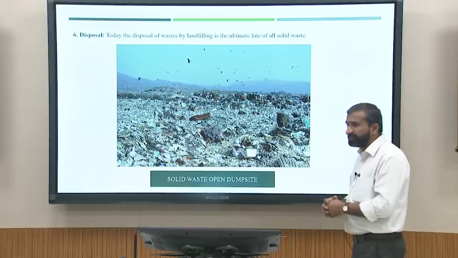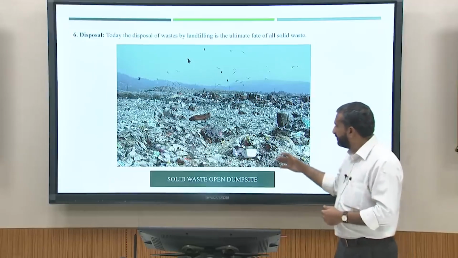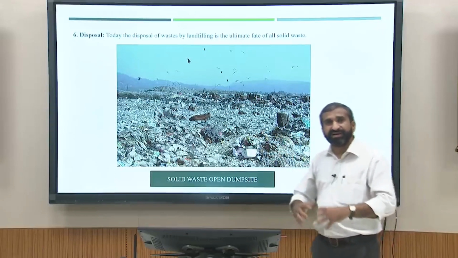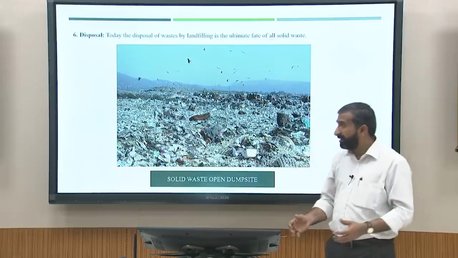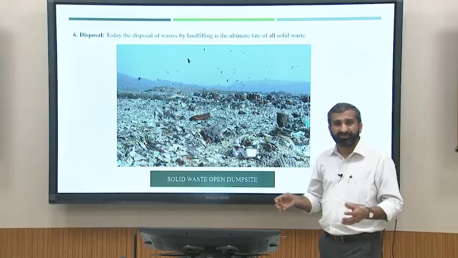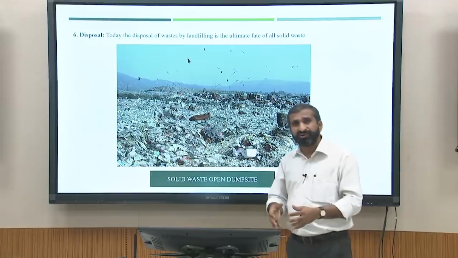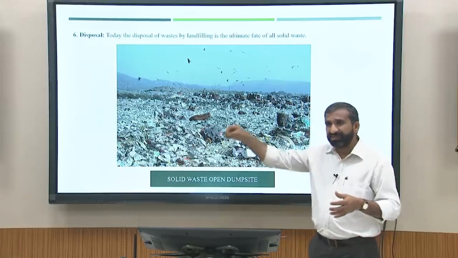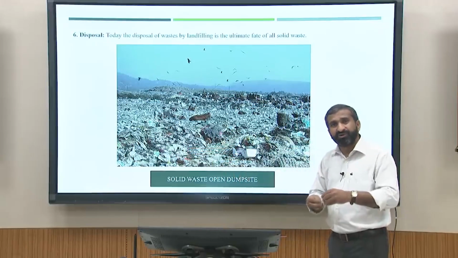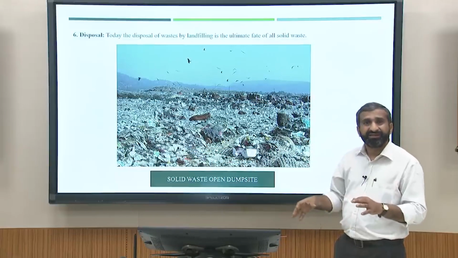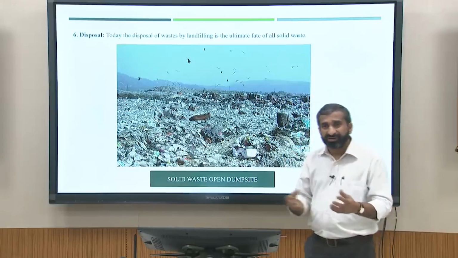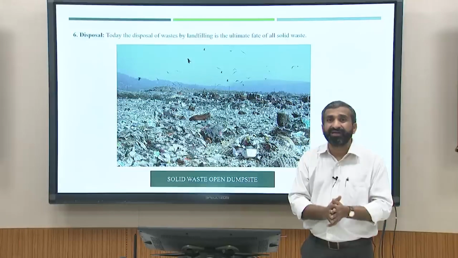Now, because of such disposal systems, and because a lot of biological waste is also added into such waste, this biological waste will get degraded. Because of degradation and because of precipitation, rainfall, a large amount of leachate is getting produced, and once this leachate goes to any surface wetland or to the groundwater, it is very difficult to treat such water sources, and we believe that groundwater is one of the purest water sources available.